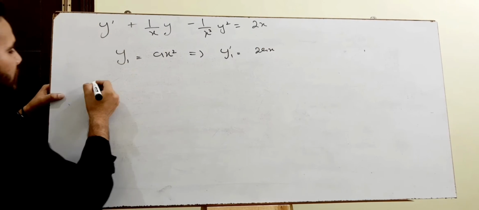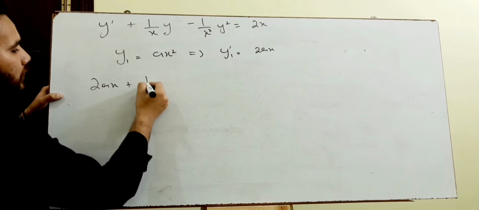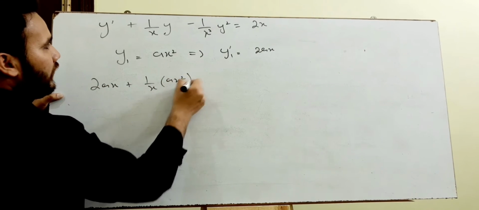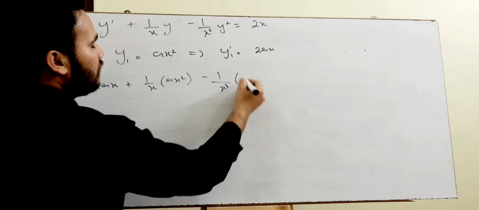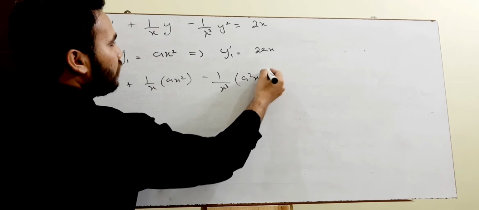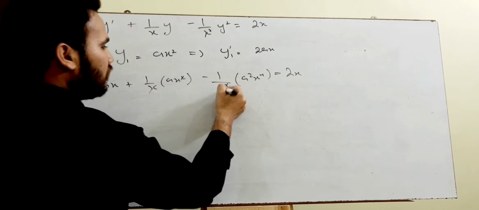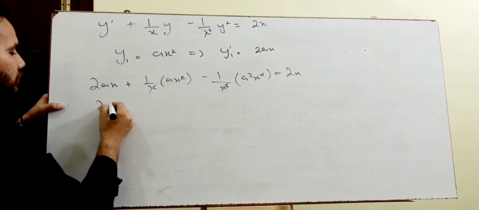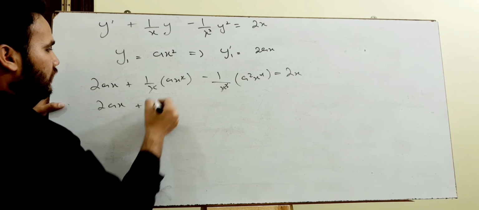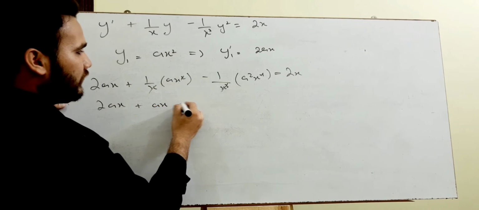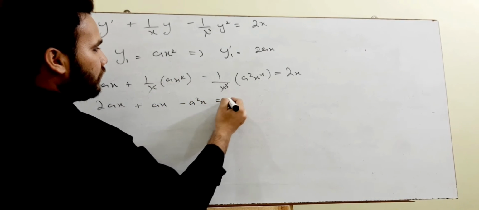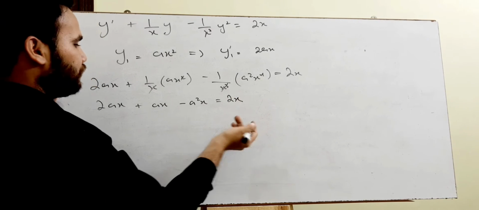2ax, then 2ax plus 1 over x, ax square minus 1 over x cube, a square x power 4 equals to 2 times x, and this will be what we have now, 2ax plus ax minus a square x equals to 2x.